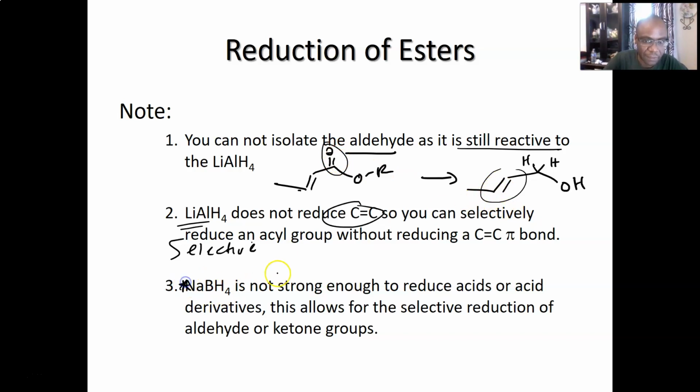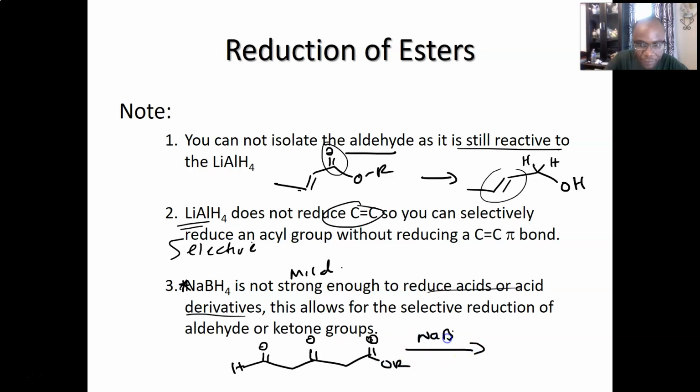Sodium borohydride, like I said, is mild. It does not reduce acid derivatives or carboxylic acid. So if you have an aldehyde and a ketone and an ester on the same molecule, and you're using sodium borohydride, guess who will react?